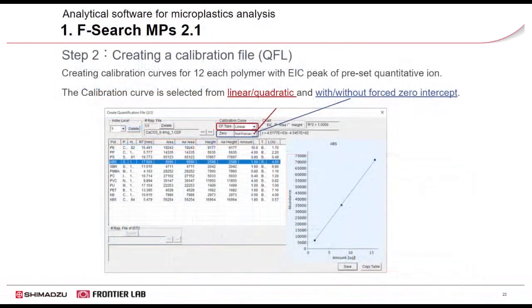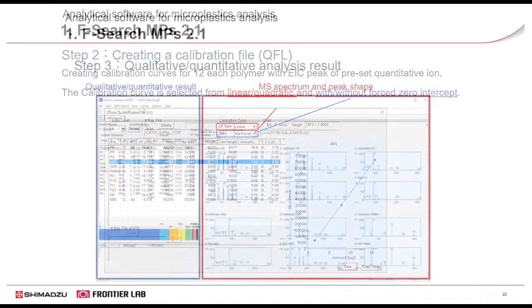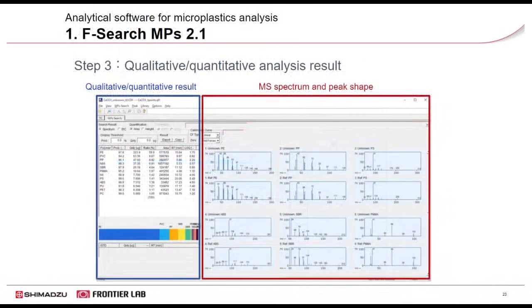Then F-Search MP software creates the calibration curves for each of the 12 polymers with extracted ion chromatogram peak of preset quantitative ion. In just a few seconds, you can then see the quantitative and qualitative results, the MS spectrum, and the peak shape for each polymer.